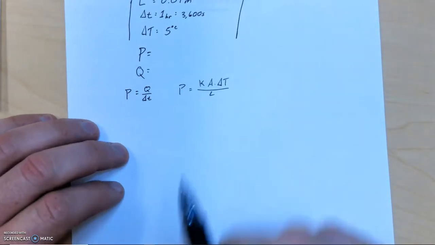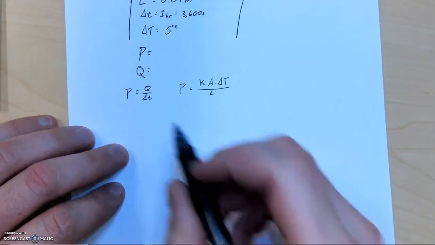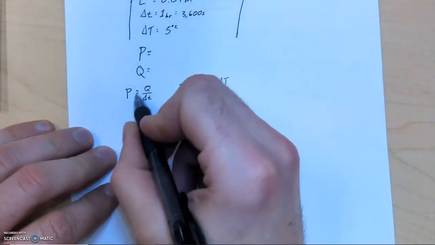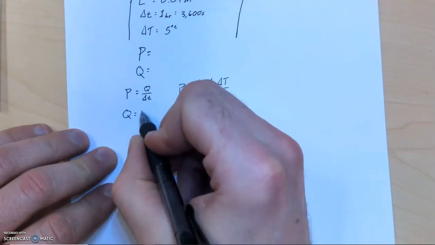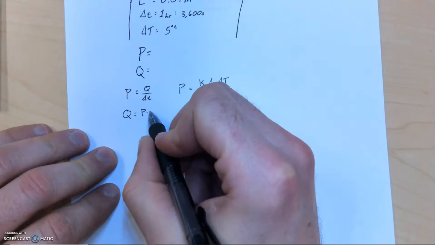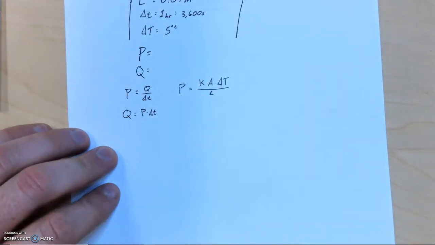Obviously, the thicker the material, the longer it's going to take. Okay. Let's solve for Q, so we're going to change this around. We'll move the Q over here, and that's going to be the P times the change in time.